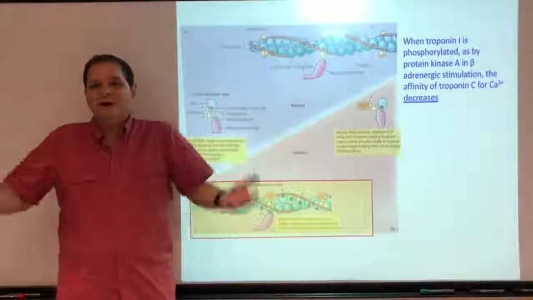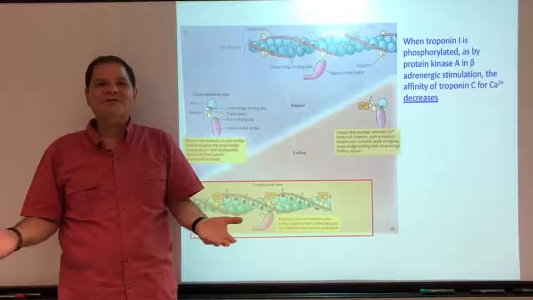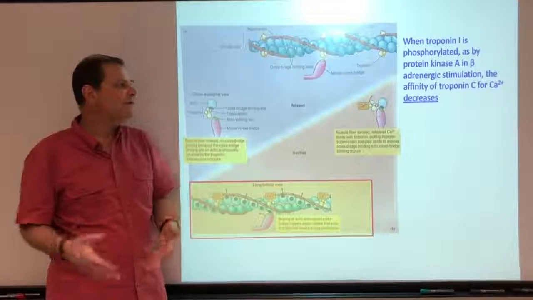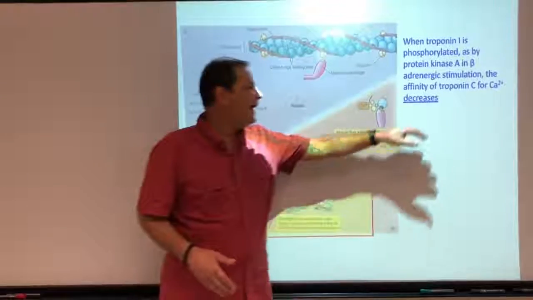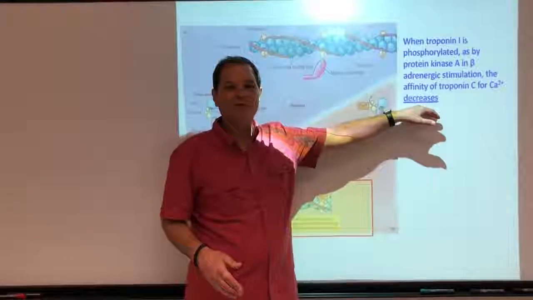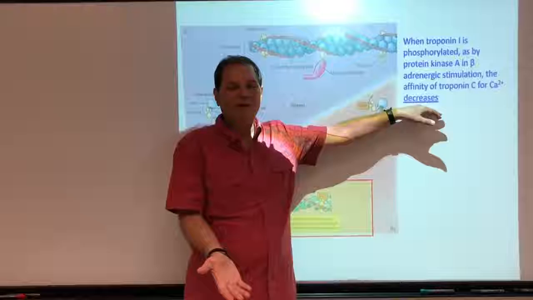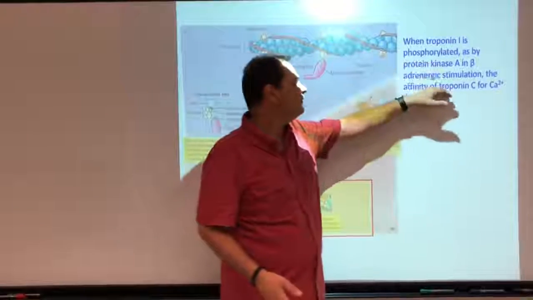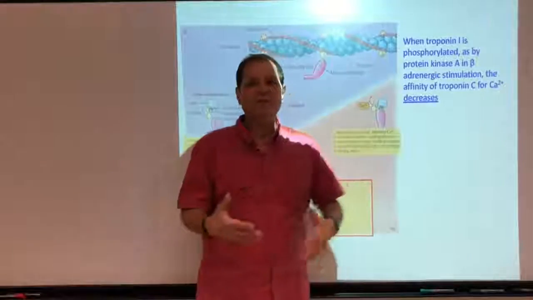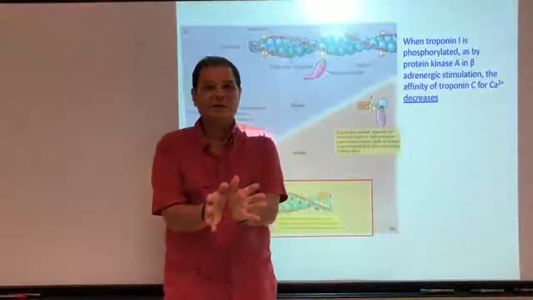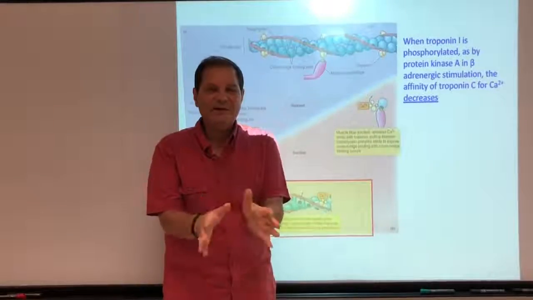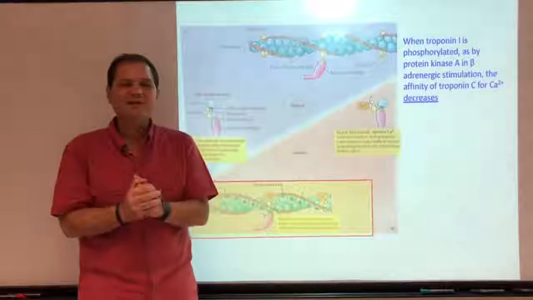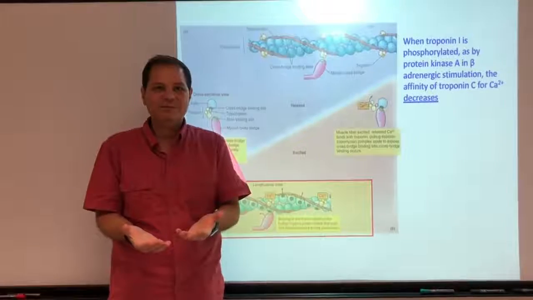So you might ask yourself, why do I have a decrease in the affinity of troponin C for calcium then? The reason is that after the increase in calcium is over, and as calcium is going down during relaxation, this increased phosphorylation causes troponin C to release calcium quicker. And when calcium unbinds from troponin C, that allows relaxation to take place faster.